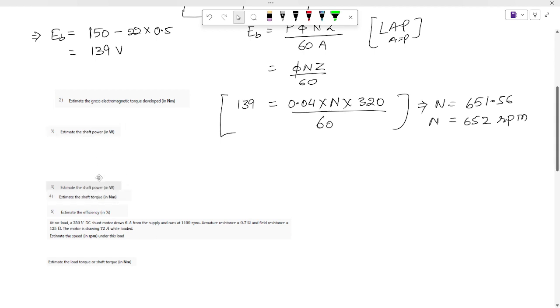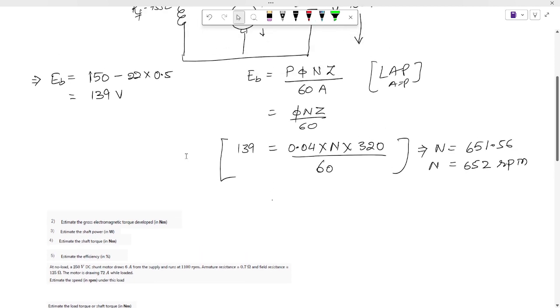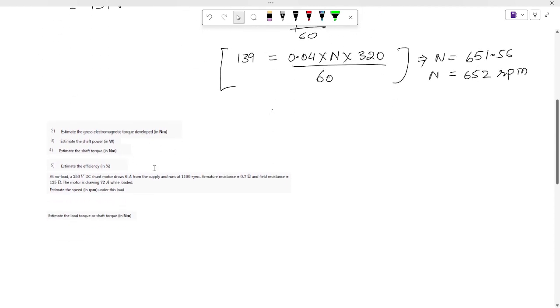Sir, T is equal to phi Z IA P divided by 2 pi A. Yes, you can do that also, but instead of remembering any formula, last time I told you, back EMF is known to you.